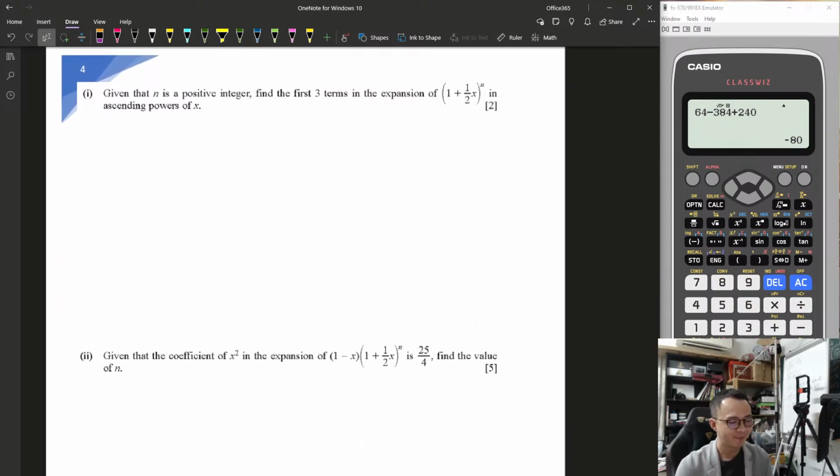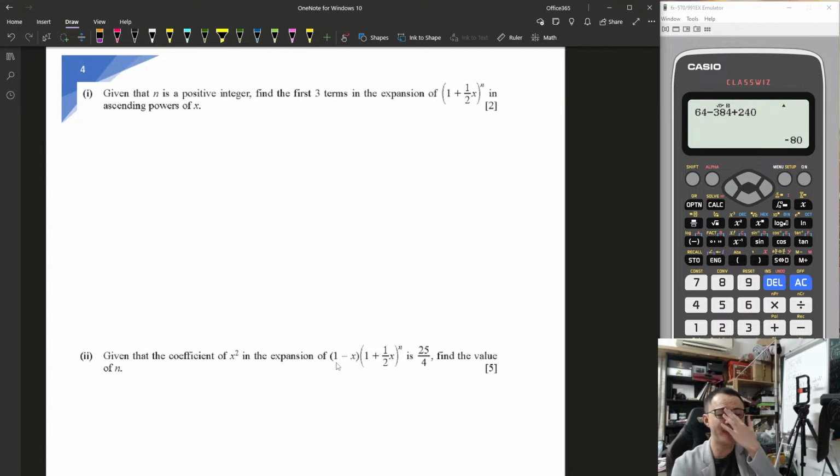Okay, next question. Alright, this one is more interesting. Why? Because just now, if you see carefully, the unknown is at the position A or B only, like P and Q at the A and B position, isn't it? But this one, the unknown is power n.